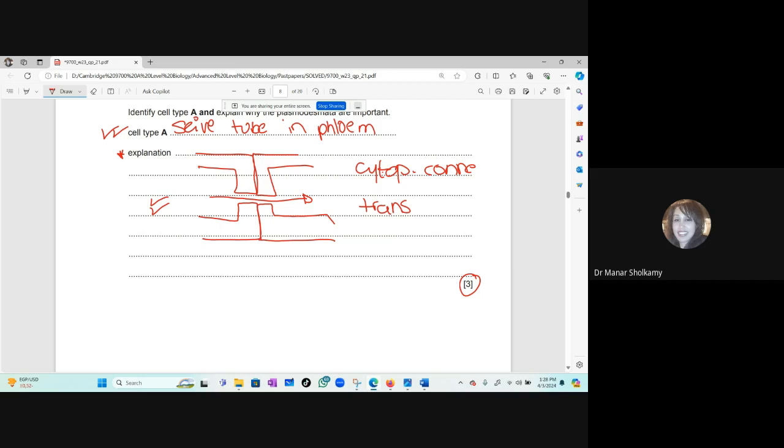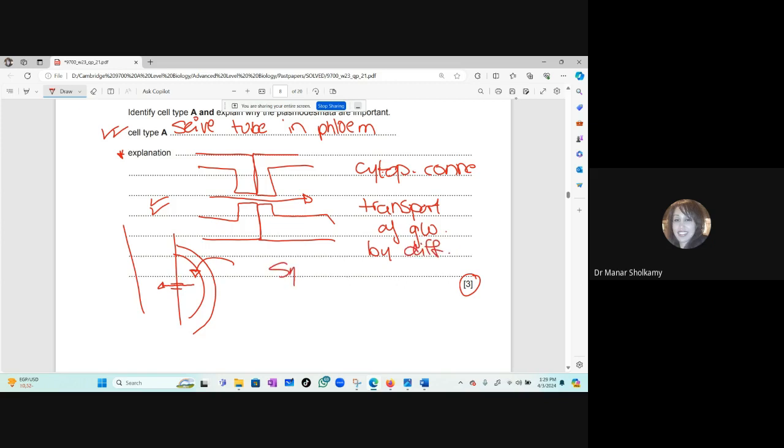Remember, when we are loading sugar and we have the companion cell, we said first the sugar will be loaded by the hydrogen pump and the co-transporter protein. Remember that? This was the apoplastic pathway because it involves the cell wall, and then the glucose will diffuse down a concentration gradient from the cytoplasm into the phloem. So for the transport of glucose in sugar loading by diffusion.